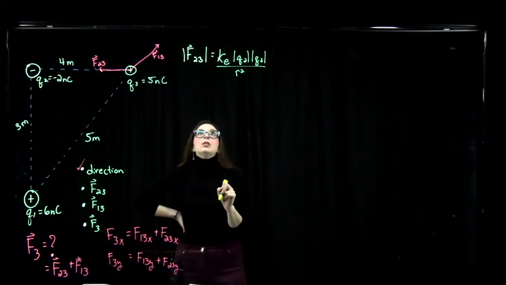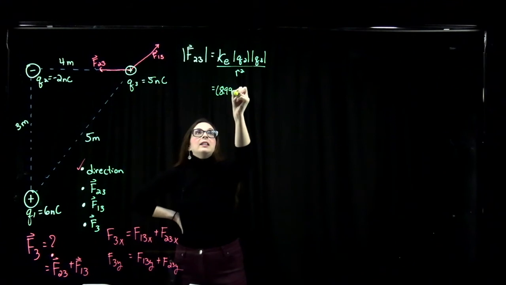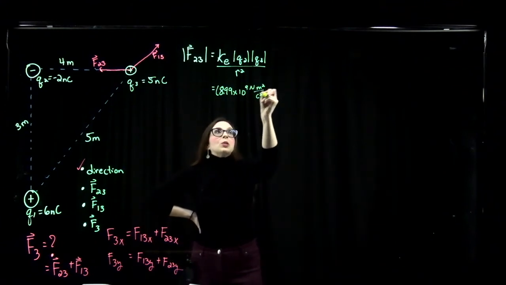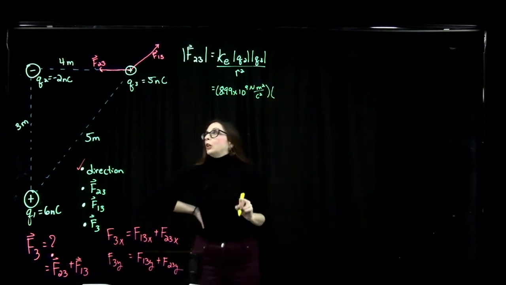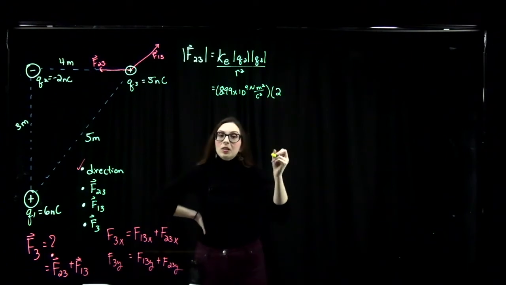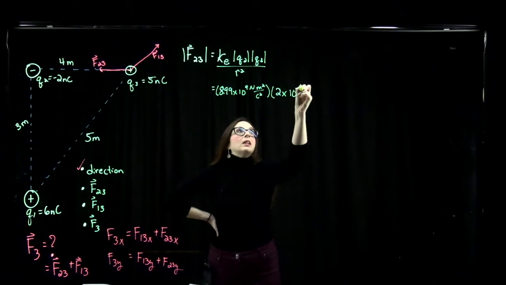And so that's going to equal 8.99 times 10 to the 9 newton meters squared over coulomb squared times Q2, which is 2 nanocoulombs. Nano is times 10 to the minus 9. So we've got 2 times 10 to the minus 9 coulombs.